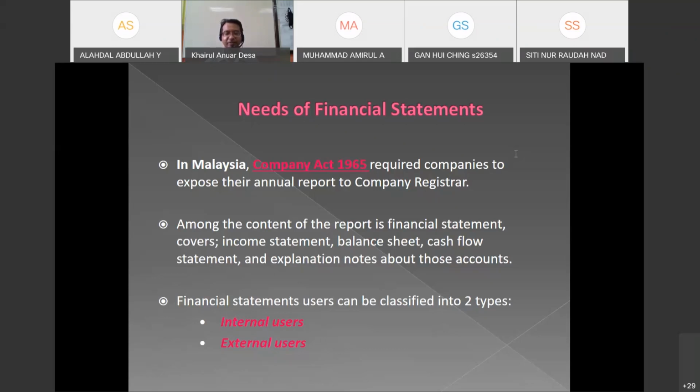Yes, CPF is also a government department, government authorities. Yes, competitor. Satu lagi yang paling dekat dengan diri anda sendiri. Yes, prospective owners, prospect or potential investor, potential shareholder.